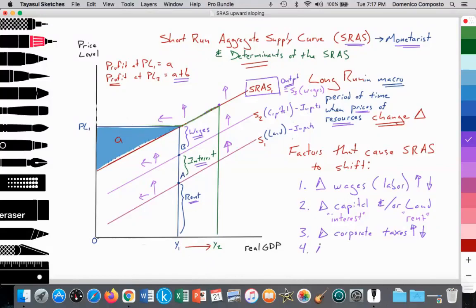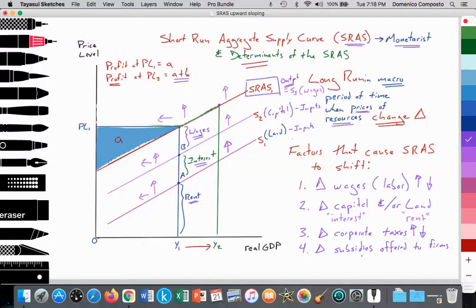Number four, if there is a change in subsidies, and you can see how microeconomics helps us in macroeconomics. Change in subsidies, as we studied in microeconomics, offered to firms.